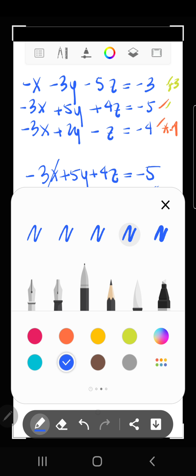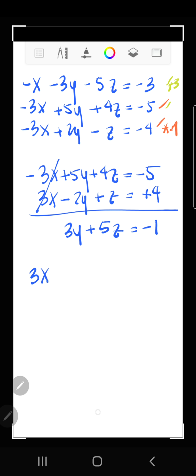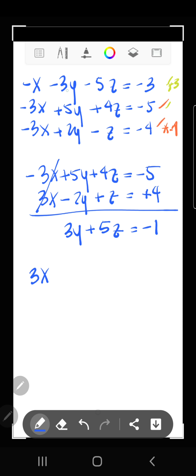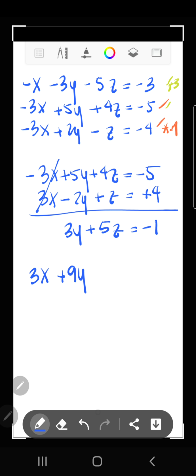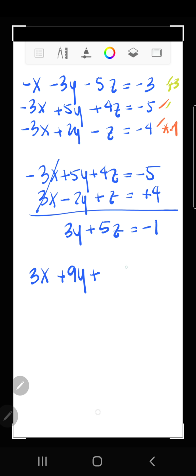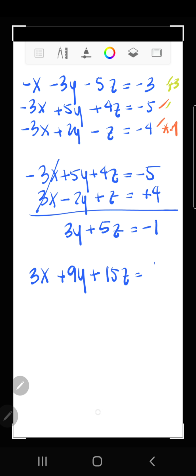So what you have is negative 3 times negative x is 3x positive. Negative 3 times negative 3y is plus 9y. Negative 3 times 5z is 15z. And negative 3 times negative 3 is positive 9.